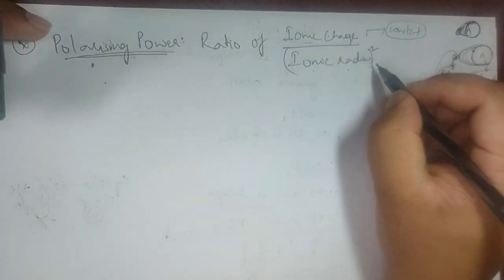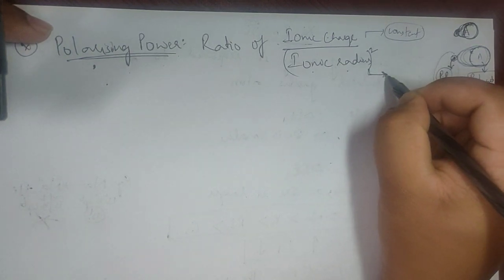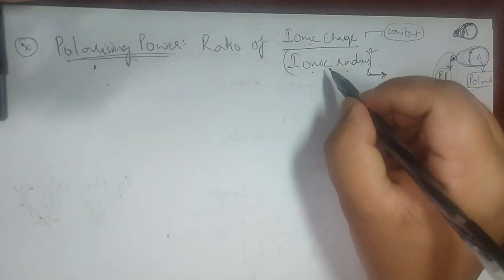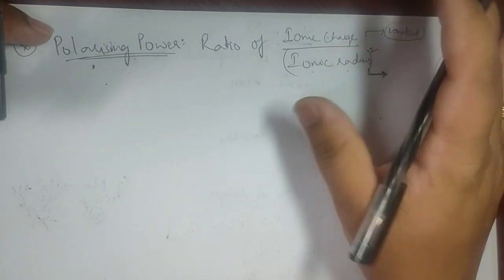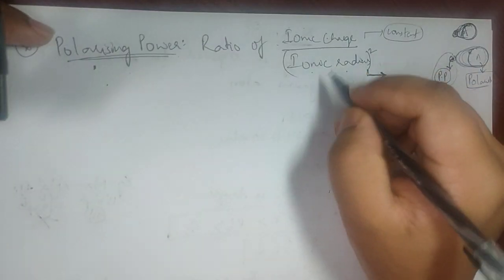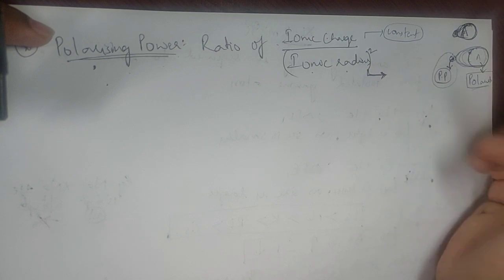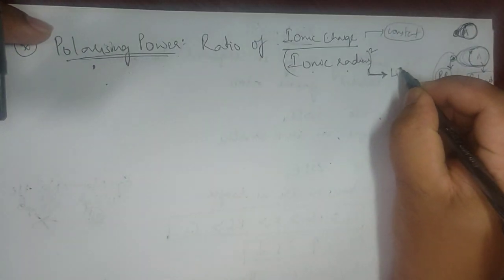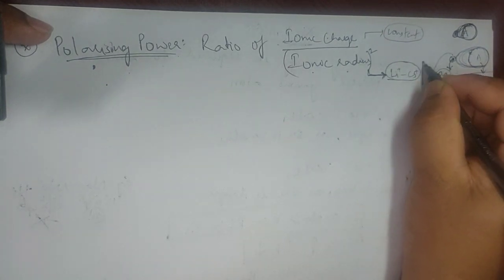And ionic radius: yesterday we discussed atomic size. Ionic radius and atomic size are almost the same; atomic size refers to normal atoms, but here we mean the radius of the ions. So it shows the same trend: as you move from top to bottom, size increases. From lithium plus to cesium plus, atomic size is what? Increasing.